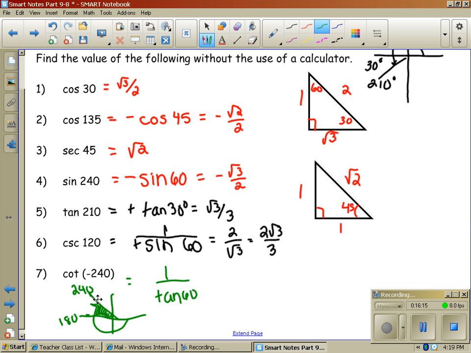Positive or negative in the second quadrant? Negative. Tangent of 60. Opposite over adjacent. So square root of 3 over 1, but we're going to flip it. So 1 over the square root of 3. And of course negative, because we're in the second quadrant. Rationalize.